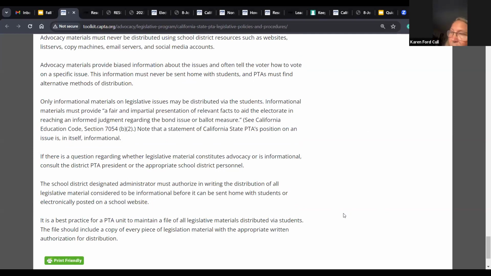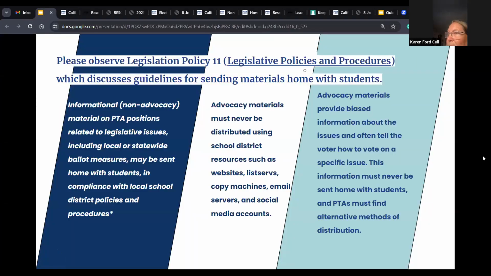We have to wait until we get to the sidewalk. That's an important rule, there to make sure that public schools are not being used for political purposes. So that's number 11. If we go back to the slideshow now.